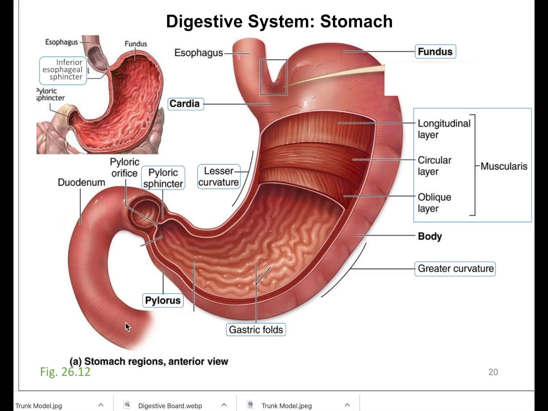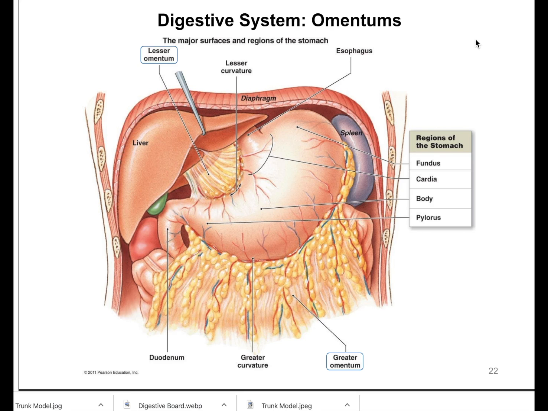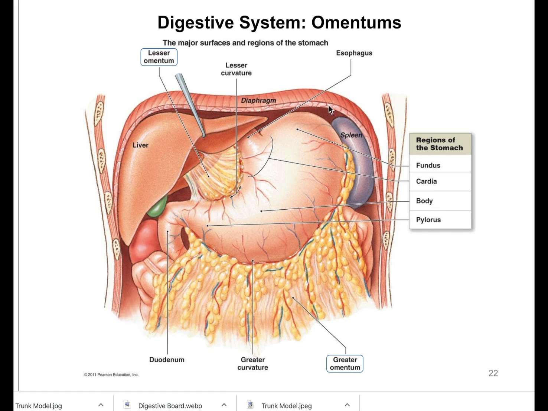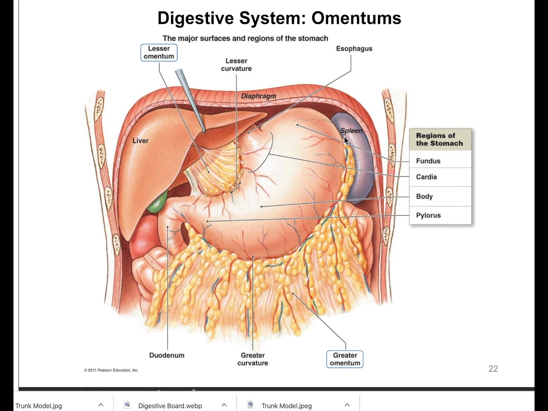But let's talk about the greater omentum and the lesser omentum first, and I'm also going to talk about the mesentery proper while I'm at it. Our digestive organs are also encased in a bag, just like your heart and your lungs were, but it's not a nice, neat little bag like the others. It kind of does a weird shrink wrap action.